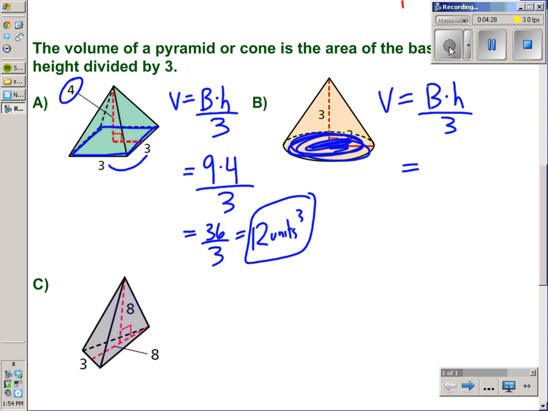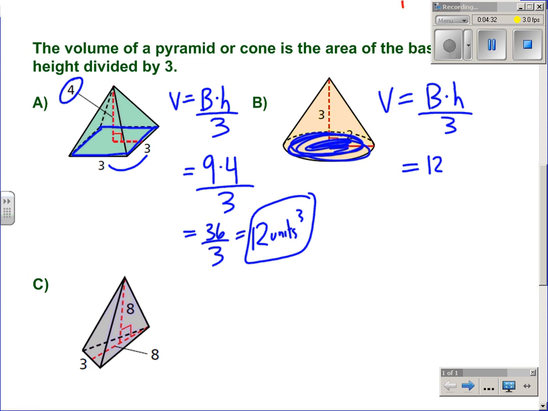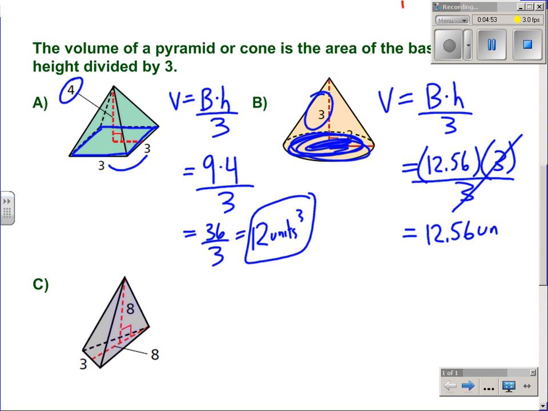Multiply that by pi of 3.14. And the area of that circle is 12.56. Then we need to go ahead and multiply that by the height of the cone, which is 3. And then we divide all of it by 3. Since we have a 3 and a 3, those actually cross reduce and cancel each other. And this ends up being 12.56 units cubed.